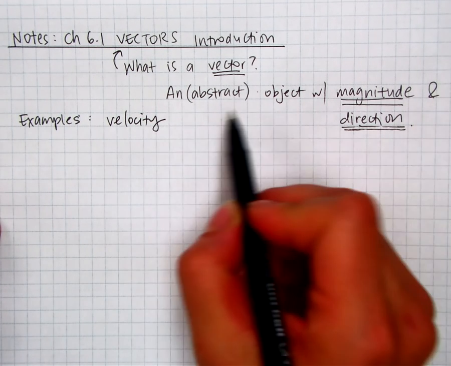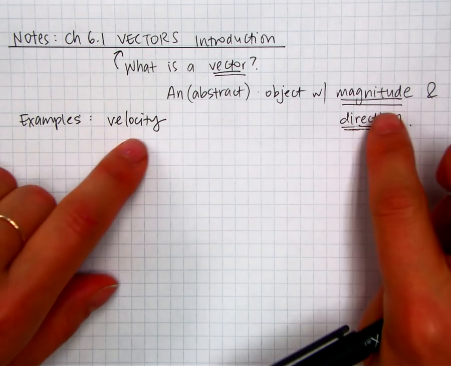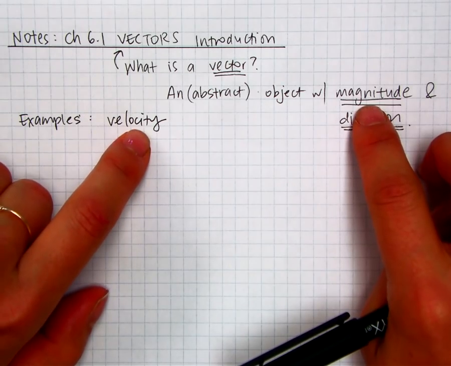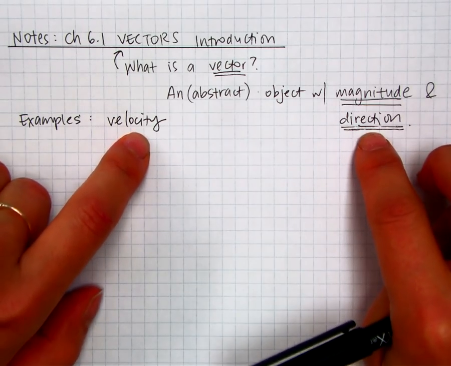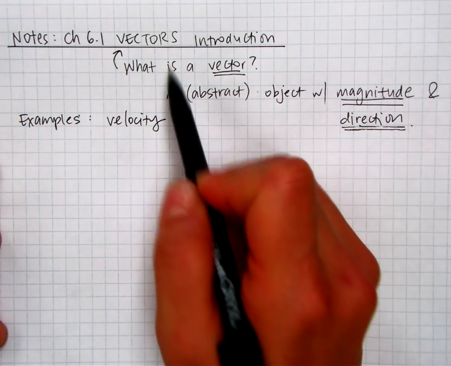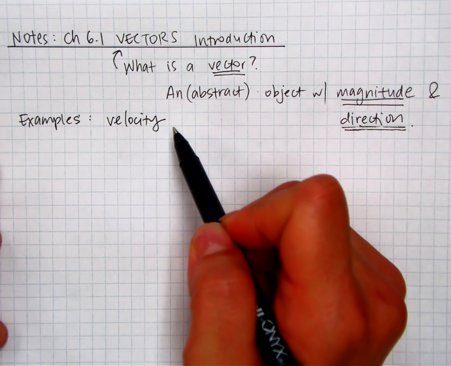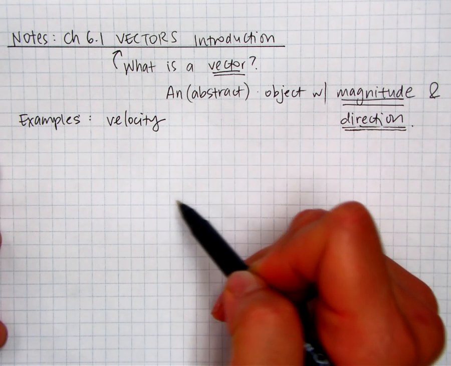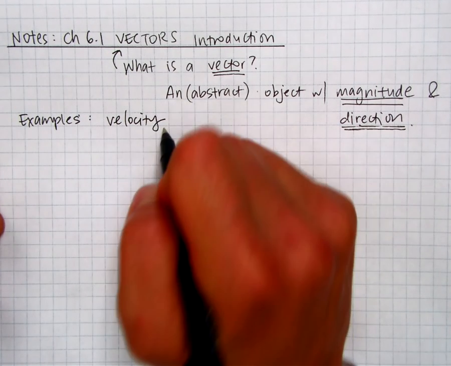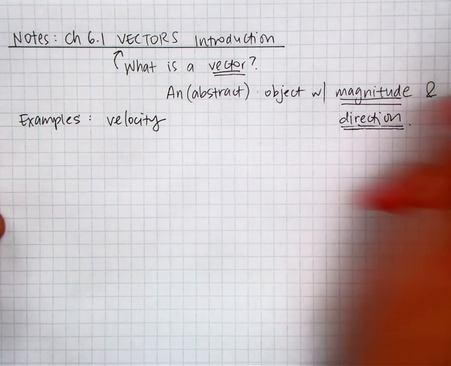And then it also has a direction. So I can go 10 miles an hour north, or 15 miles an hour south, whatever the case might be. So velocity has a speed, a magnitude, and a direction.